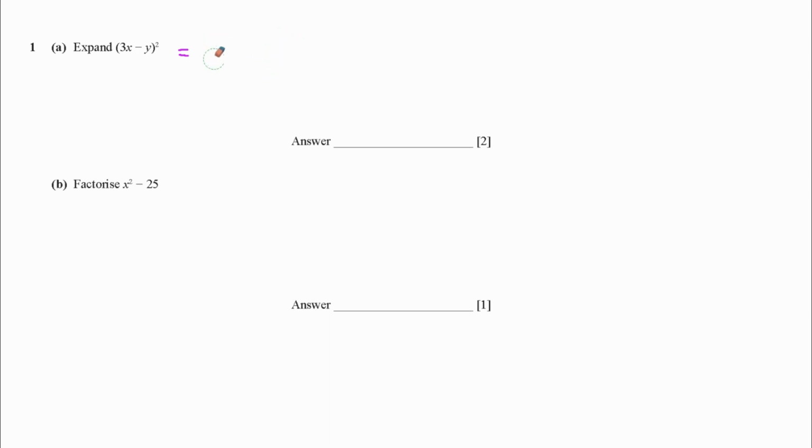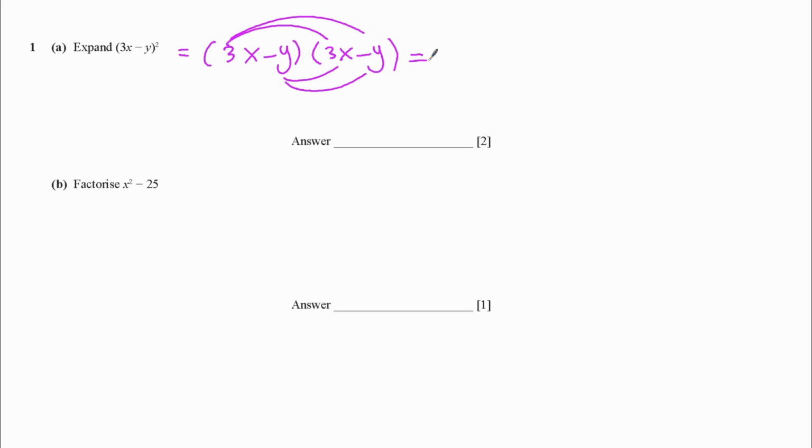So with any sort of bracket squared like this, you need to write the bracket separately. So just write 3x minus y times 3x minus y, and then multiply these one by one as you do in a normal expanding of two brackets.